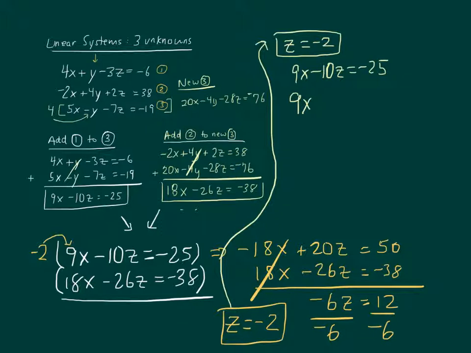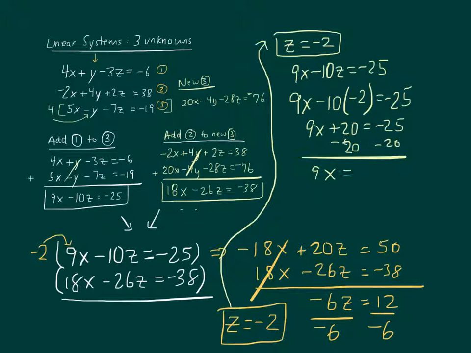So this is 9x minus 10, use a parentheses there, times negative 2 equals negative 25. And this is 9x plus 20 equals negative 25. I'm subtracting over, and hopefully I'll have enough room. So we get 9x equals negative 45. Dividing by 9, x would equal negative 5.